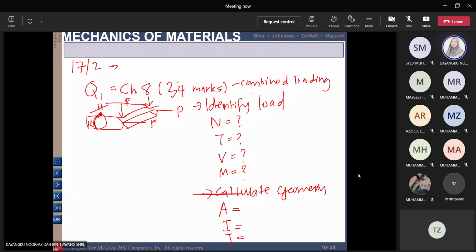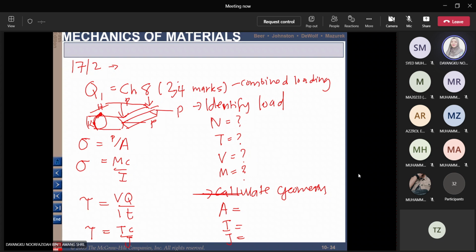For combined loading, we are dealing with stresses. You have 4 types of stresses. So we have P over A. Okay, so this is MC over I, and then we have tau, which is VQ over I, and tau is equal to TC over J. Okay, so you need to calculate all these parameters, one by one. So the loading and also the geometry.